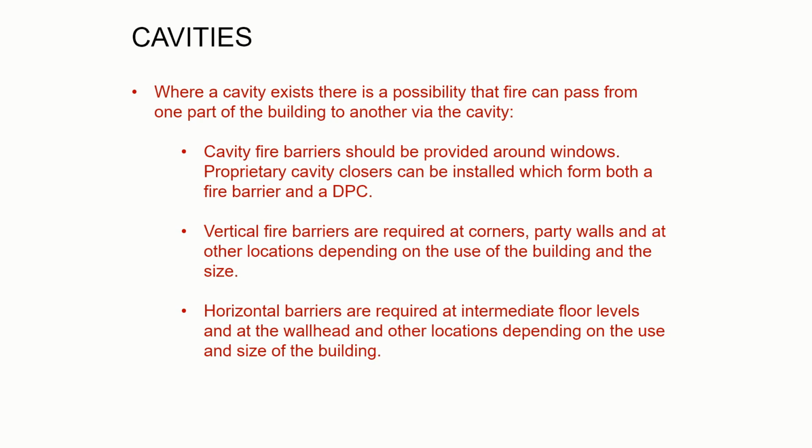The cavity, because it's a vertical space, would act like a chimney and would carry fire and smoke upwards to another room, but it would be unseen, so there are no fire alarms or smoke detectors within that space.